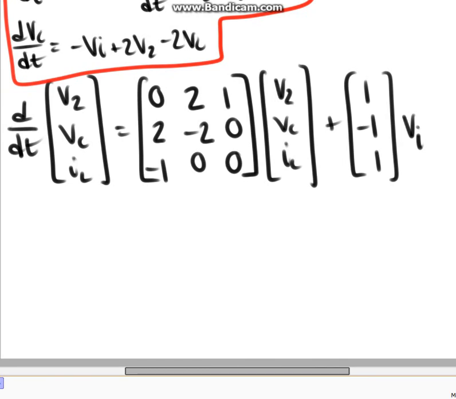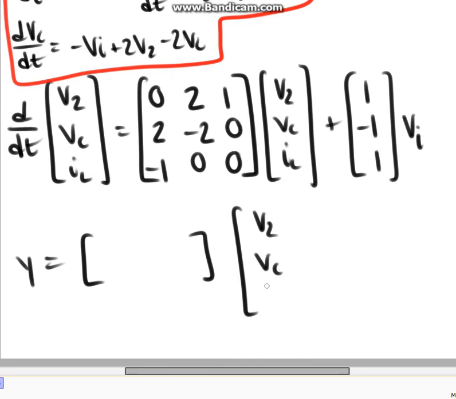Now we need to do the output. Our output y equals a matrix times our state variables plus our input. But we don't have any input for our output, so 0 here.